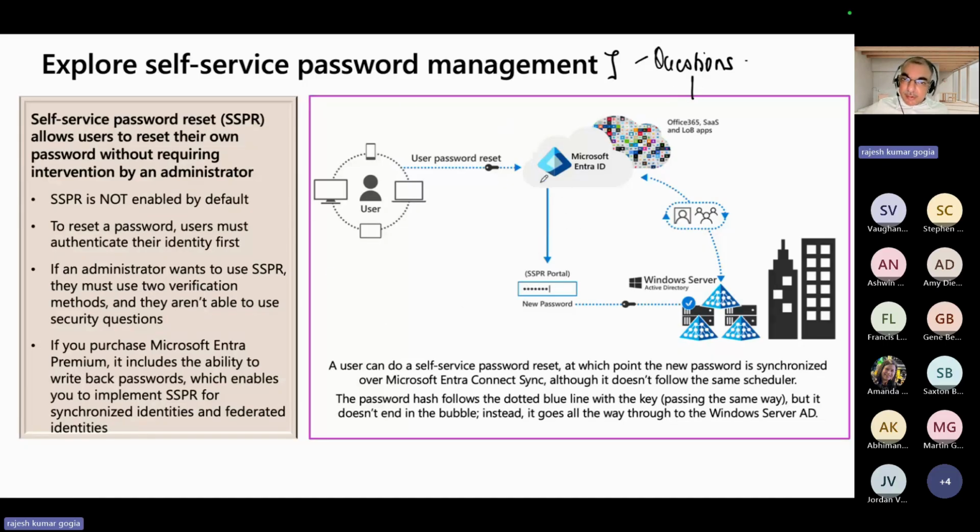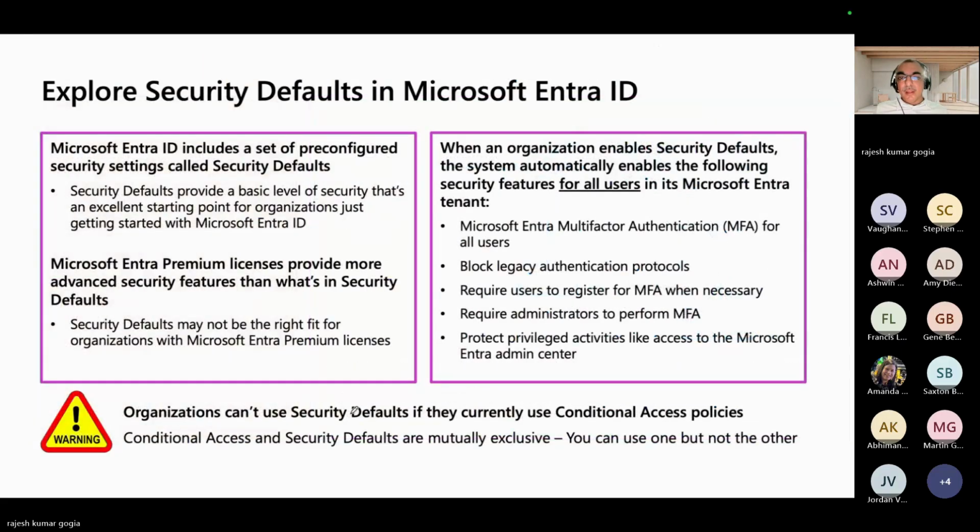So when it comes to the reset of the password, they can answer the questions, and based on that, it becomes easy. But if I want to implement this feature, which is not enabled by default, definitely yes, what do I need? I need an Entra Premium license. So this is also one of the solutions which has been recommended. These are all measures which have to be considered.